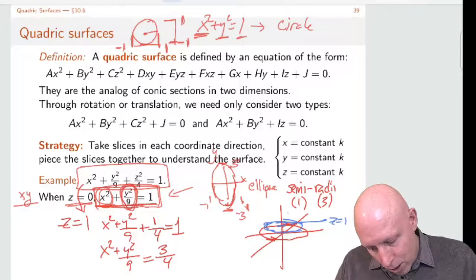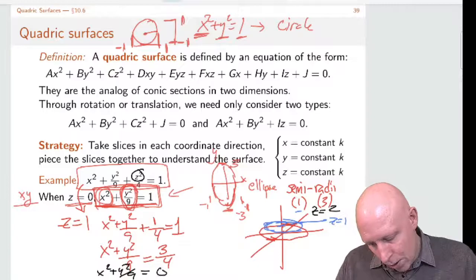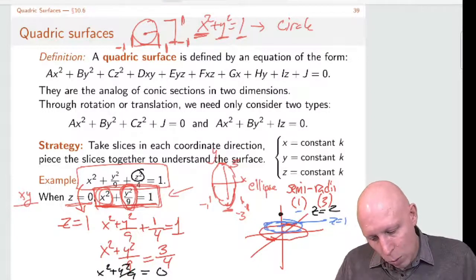And then if we go up to z is equal to 2, if we plug in z equals 2, we get x squared plus y squared over 9 is equal to 0, and so we're at this point.